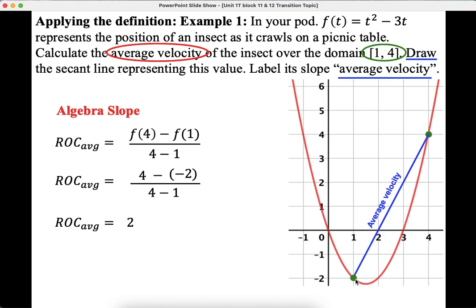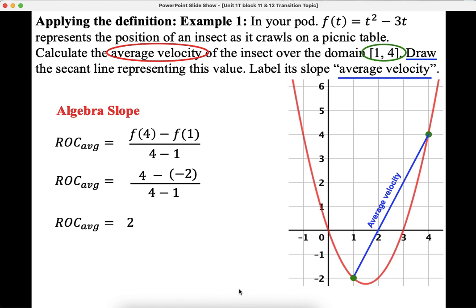Now, the bug doesn't actually do that, right? The bug actually travels away from us and then stops and turns around and travels back towards us, really, in that time. So this average rate of change is not an accurate representation of what the bug is doing. And if we want an accurate representation of what the bug is doing, then we need to follow this bug point by point, which means we need to follow the bug with this one point as it traverses through this function.